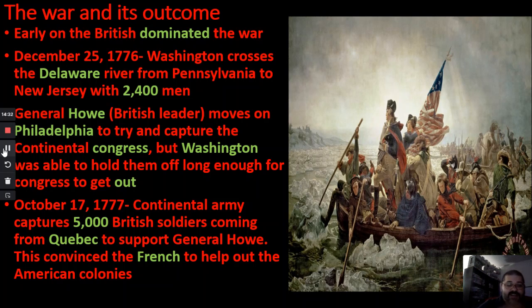Now, later on, General Howe, who is a British leader, decides, you know what? The best way to attack somebody is to attack their heart. And what is the heart of this wannabe new country, America? He's like, the Continental Congress. If we go to Philadelphia, capture their Congress, and basically hold them for ransom in a sense.